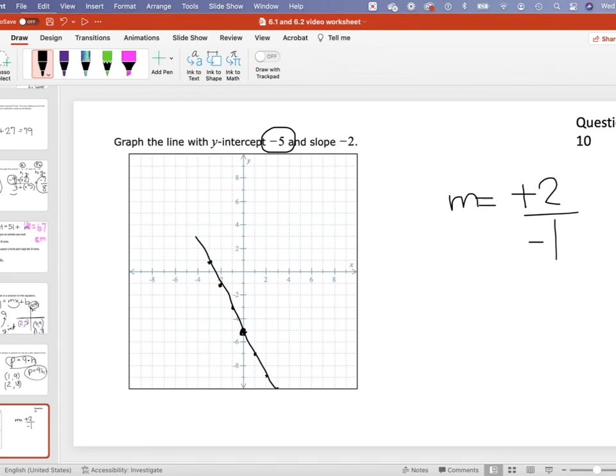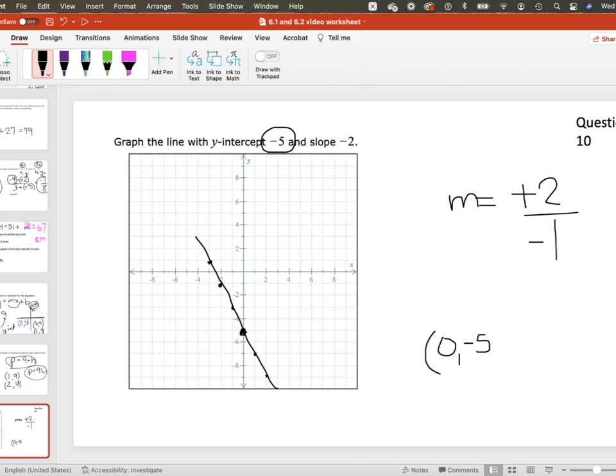Okay, so on another one, you were supposed to tell what the y-intercept and the x-intercept were. So let's say, what is the point that is the y-intercept? The point that is the y-intercept is 0, negative 5.